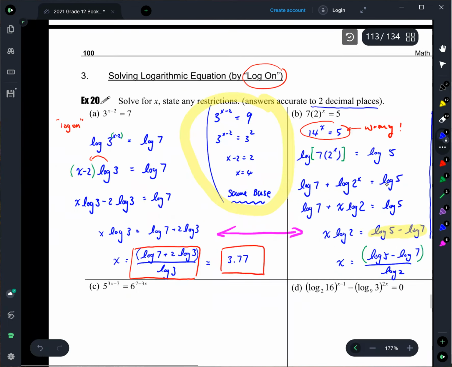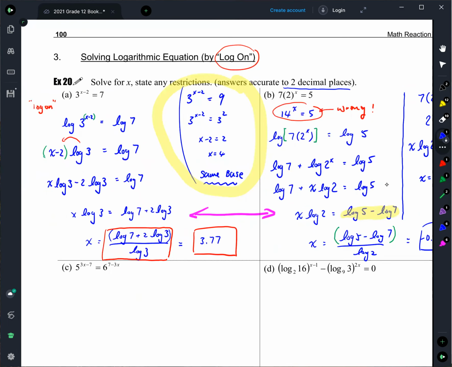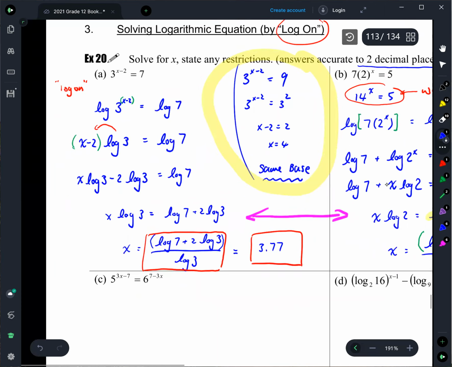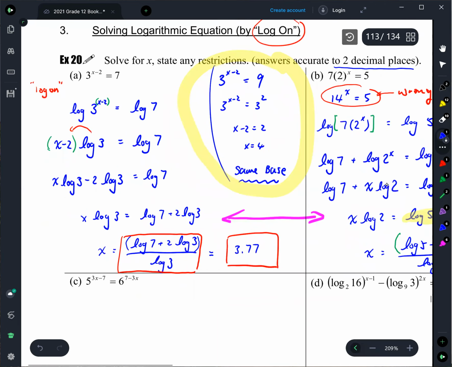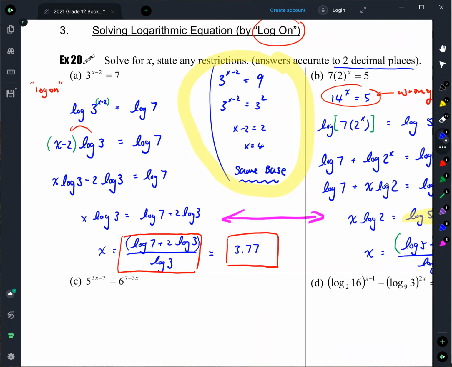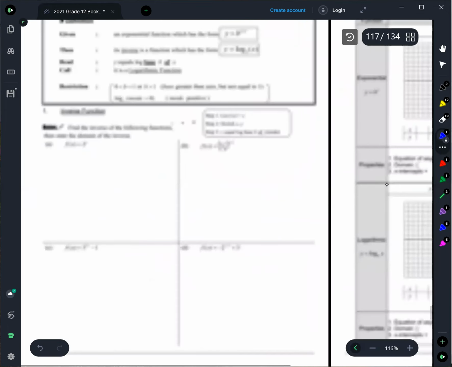Okay, so if you look quickly through the steps, first step, we put the log on both sides, and then we bring down the exponents. After that, we multiply in to the log, right, to get rid of brackets, and from there, just isolate the x, okay? So let's look at that question again.